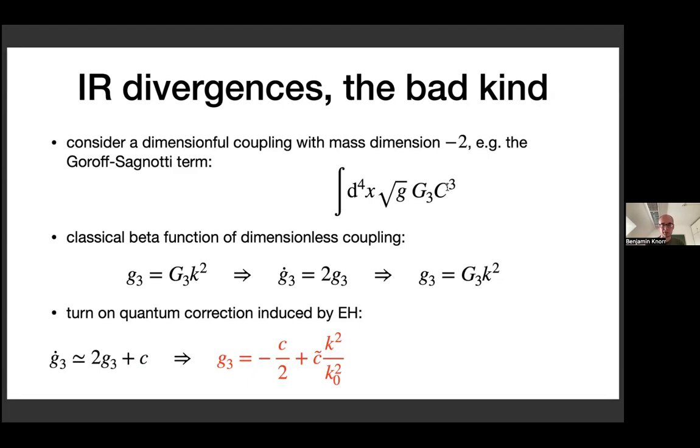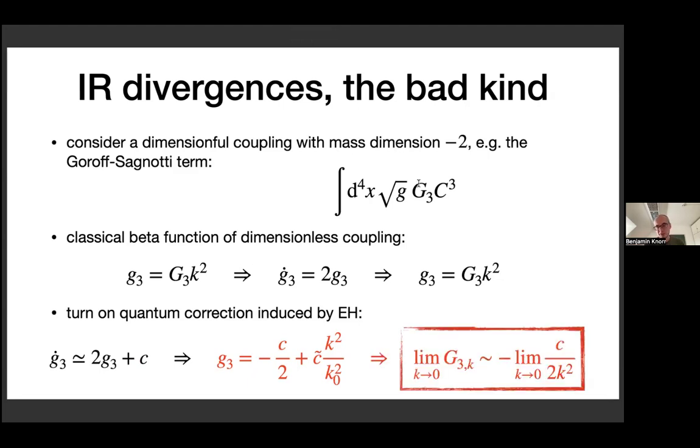You want to define the capital G3. And you see that this diverges as k goes to 0, because you have to divide the dimensionless coupling by k squared. So this constant makes trouble. This is at the heart of the problem, the problem that was bothering me for quite some time.